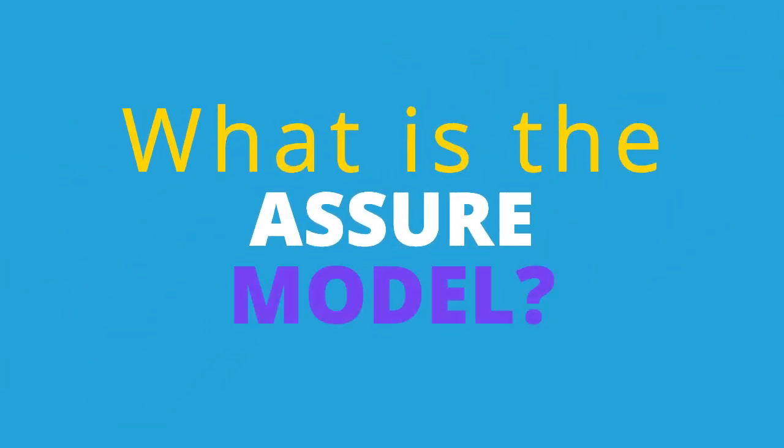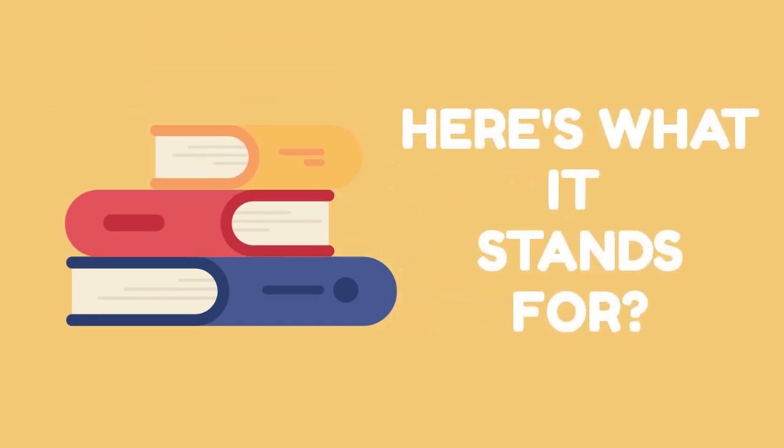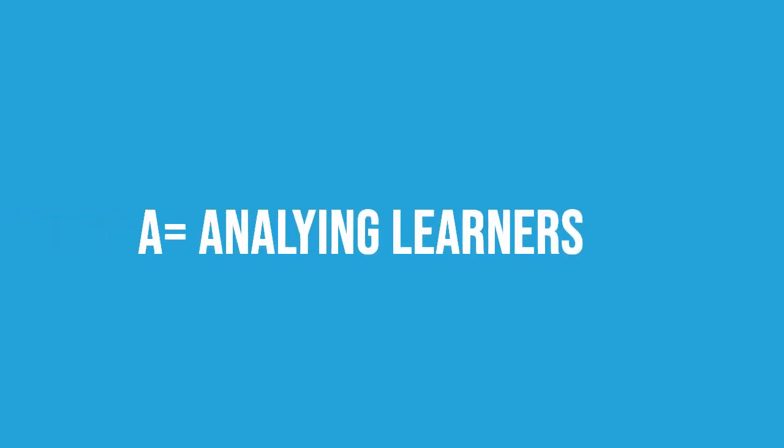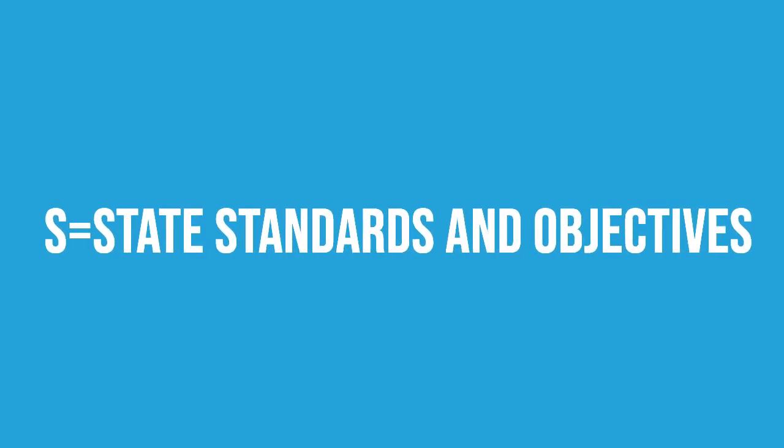What is the Assure model? Here's what it stands for. A equals analyzing learners. S equals standards and objectives.